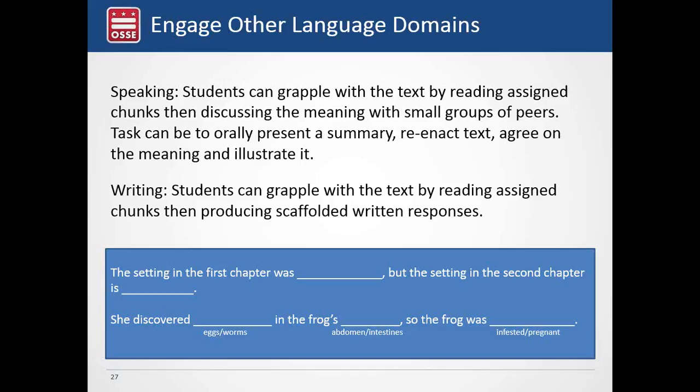As an extension, the students could complete these two frames, or one or the other, and then rewrite them with all of the words filled in, so that they really are exercising their writing skills, practicing with word order, with punctuation, but the support is already provided there for them.